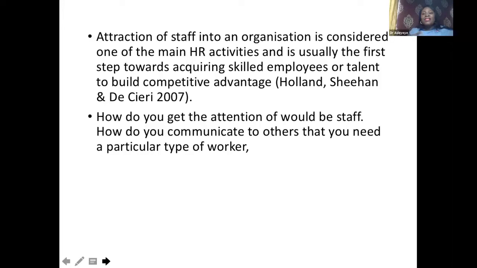He said 60% of the jobs available are not advertised. They don't put them out there. So that means that people have vacancies, but they don't put it out there. So if they don't put it out there, how does this kind of company attract the right people they need? We'll be talking about it shortly.